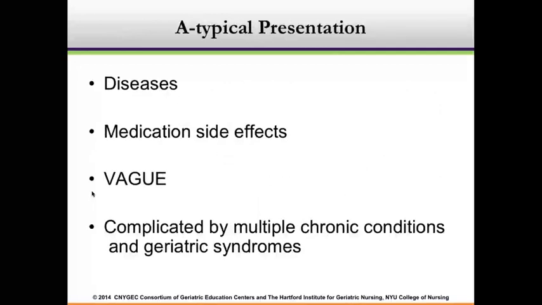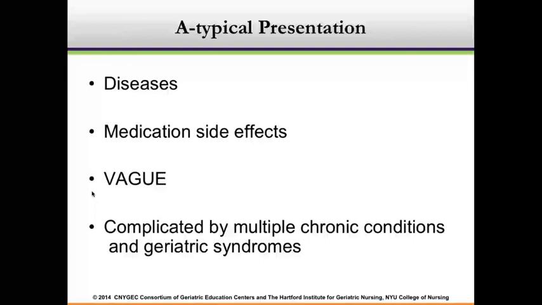But there's a lot of atypical presentation for older adults. Diseases don't present themselves the same way. A heart attack in an older woman does not necessarily look like the pain down the arm that is the common way for younger people. She may describe herself as having indigestion. Medication has lots of side effects.